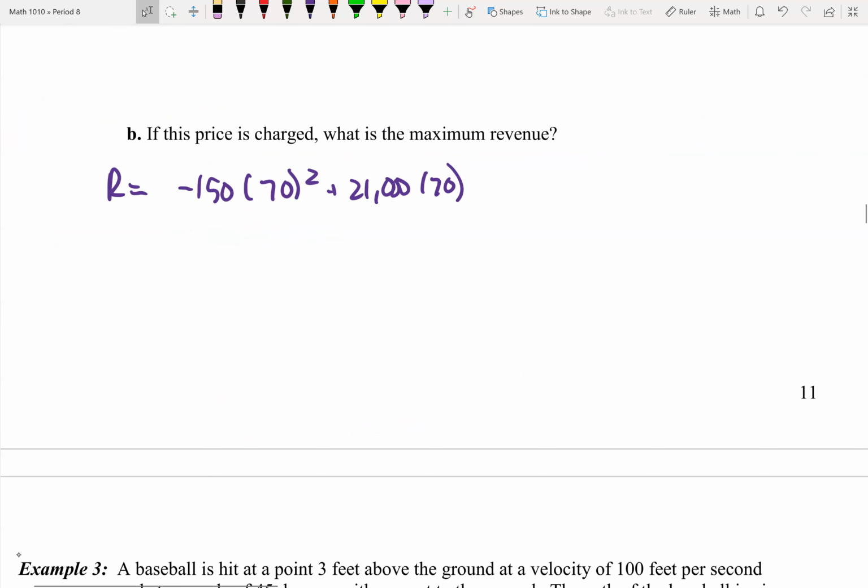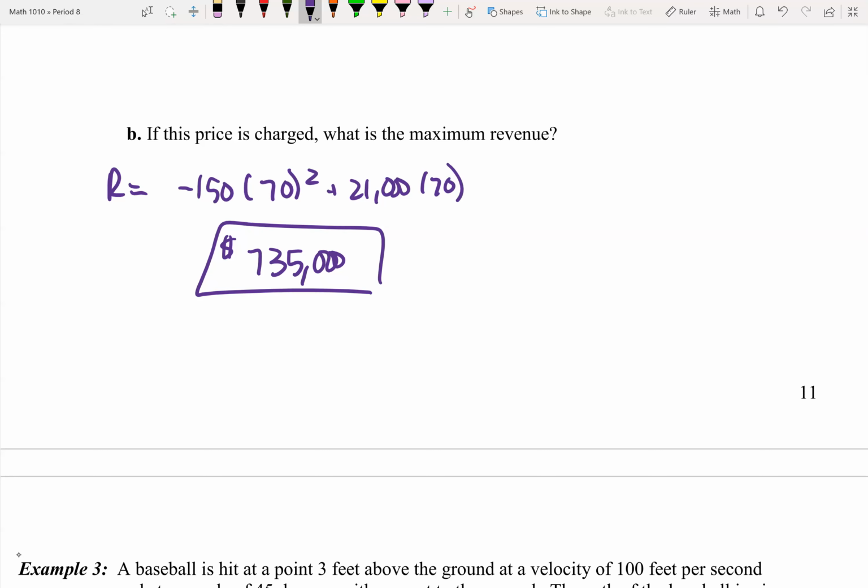Punch it in exactly the way you see it. So go negative 150, parentheses 70, close it, x squared, plus 21,000, parentheses 70, close it, enter, and you get 735,000. 735,000 what? What's my label, guys? It's dollars. Revenue is money.